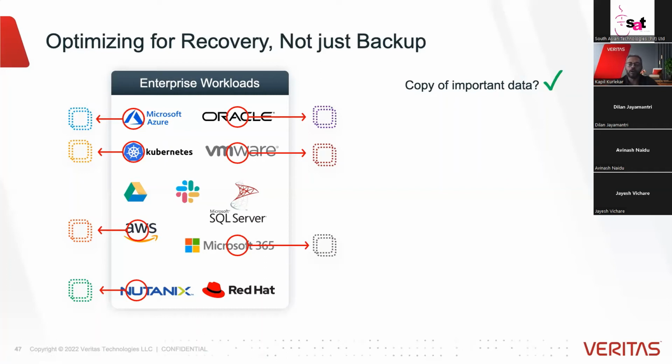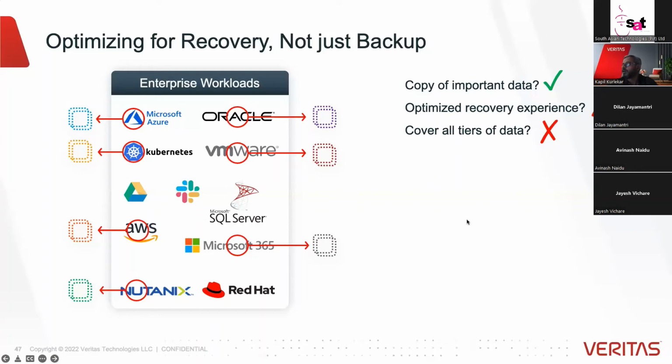Are we creating optimized recovery experiences that will help us get data back and running when we need to recover? Do you have to decide between optimized recovery experiences? Probably not, right?